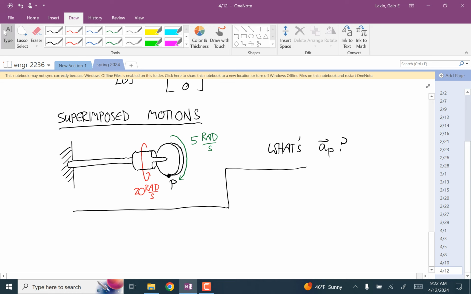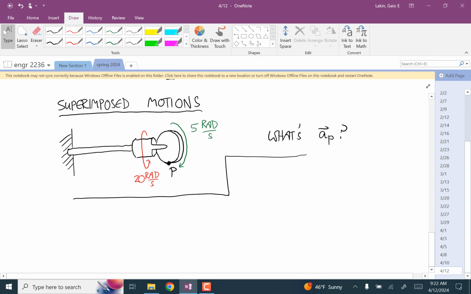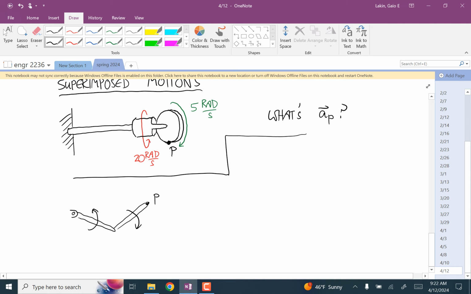Now, we've done superimposed motions before. So what's the difference between this setup and, let's say, you know, this is doing something, this is doing something.